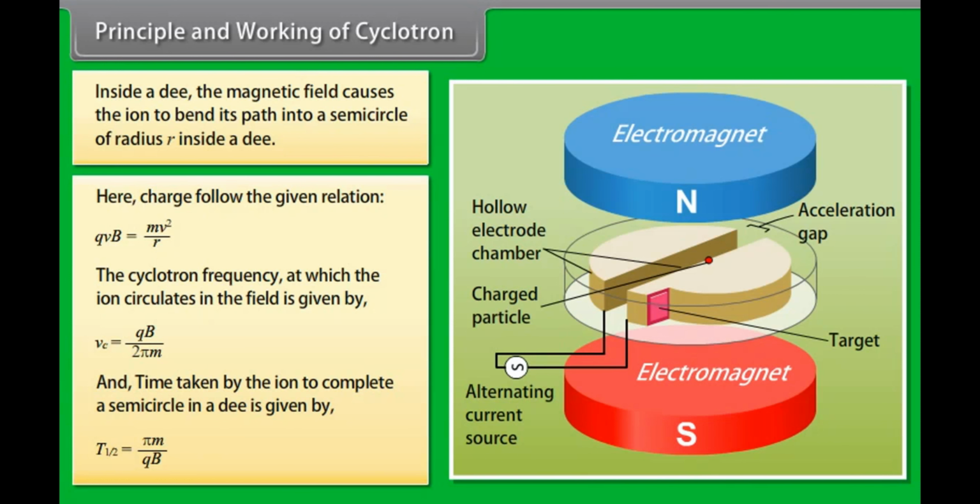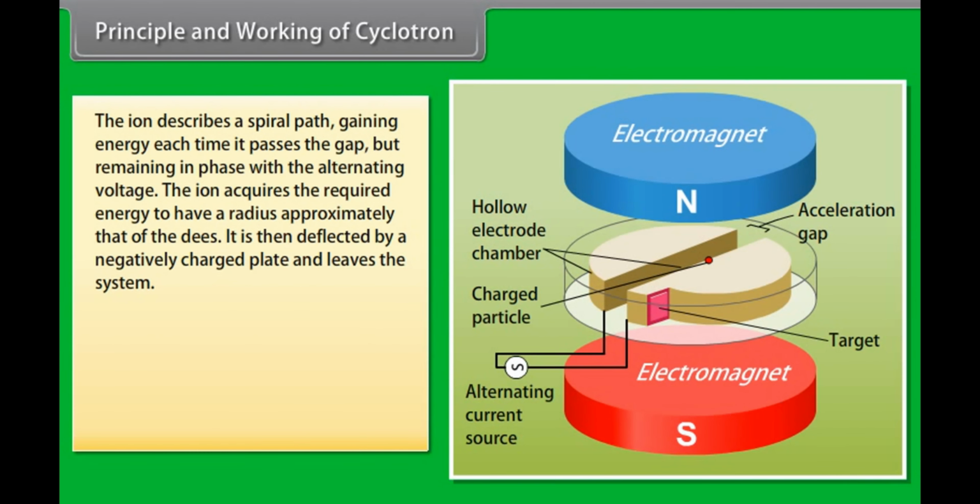This energy gain does not affect the resonance condition except increasing the orbit size. The ion describes a spiral path, gaining energy each time it passes the gap, but remaining in phase with the alternating voltage. The ion acquires the required energy to have a radius approximately that of the Ds.